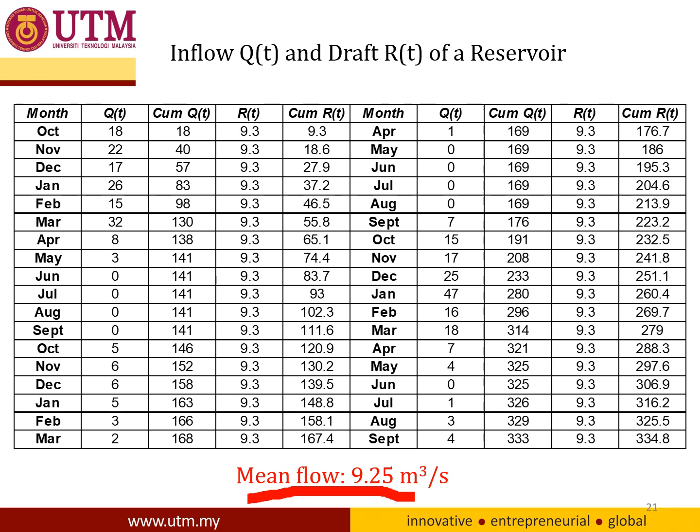So here you get 9.3. This is the mean flow. Because the example told you that the mean flow is similar to demand, here we have the inflow, and here we have the demand, or draft. Here it is put as RT, and the inflow is QT.